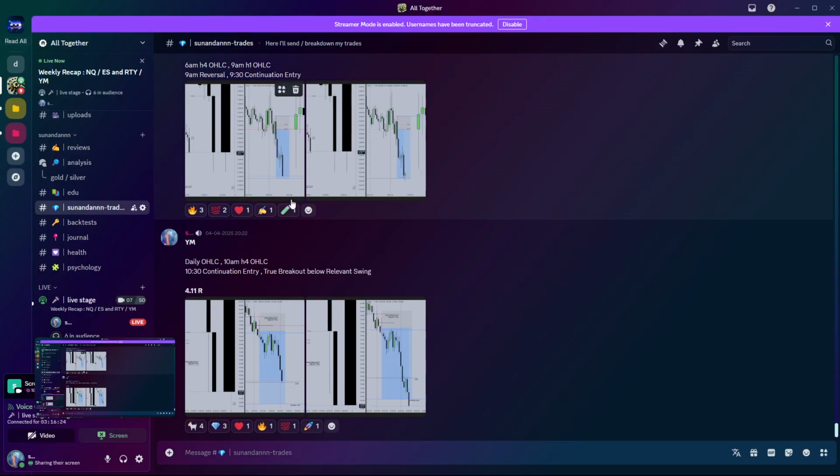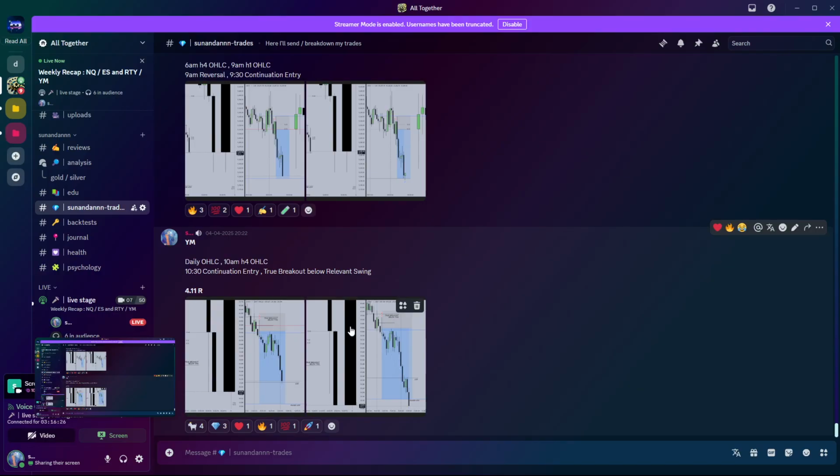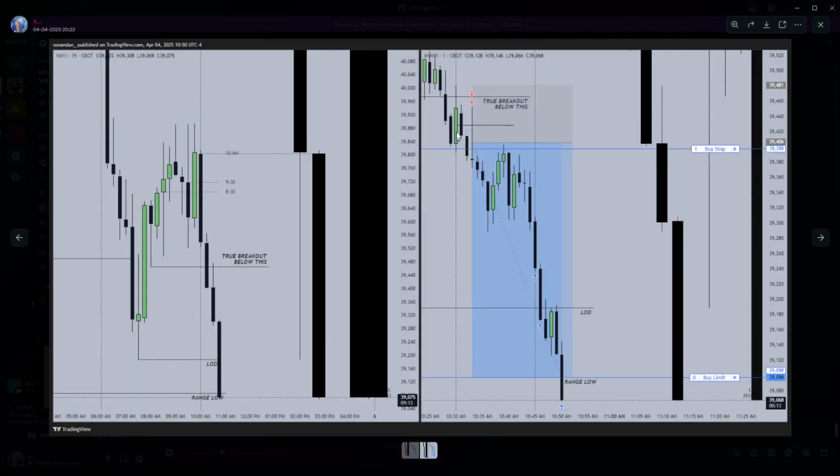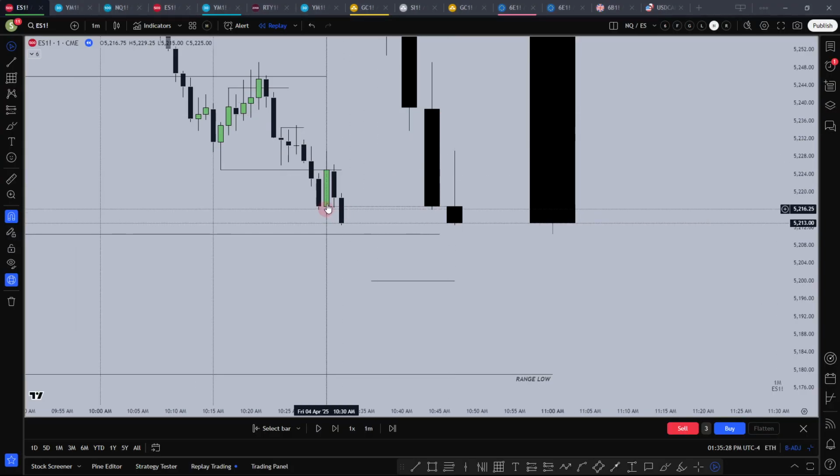So you've got to have that skill even if you miss 2-3 entries. I executed, yes, a true breakout below this swing, a true breakout on the higher time frame. I just didn't pick any random low. This swing which I was worried about on the higher time frame, true breakout below this. So partial still at low of the day and full TP on the range low. 10:30 open high, established high into relevant POI, immediate closer below, so range low.